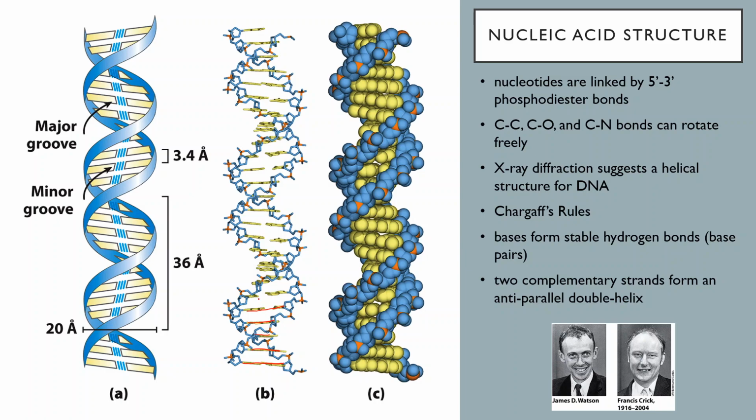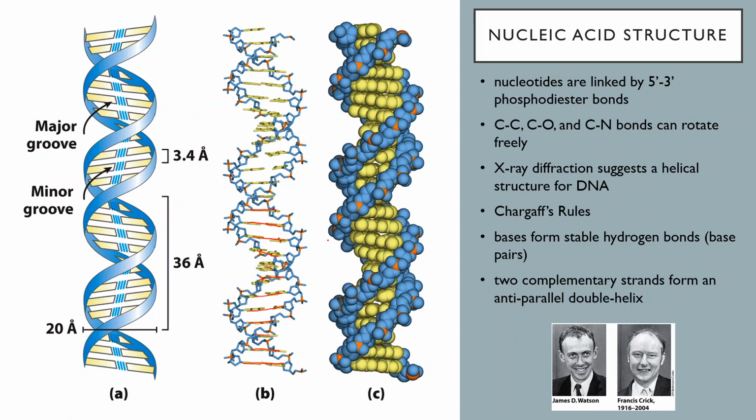So that's why you have this almost spiral staircase-like arrangement with each base pair basically lying in a completely two-dimensional plane. And then the nature of the phosphodiester bond allows the strand to turn slightly, and so that gives rise to the helical nature of the structure.